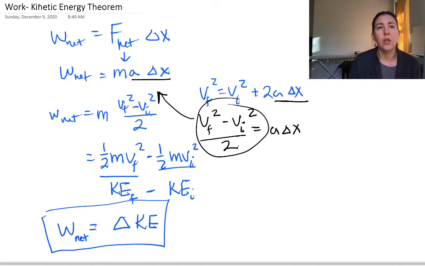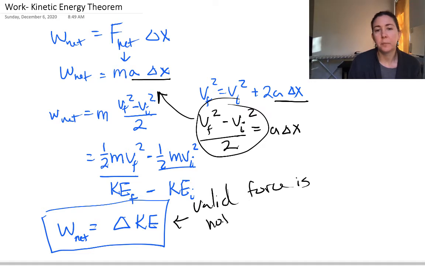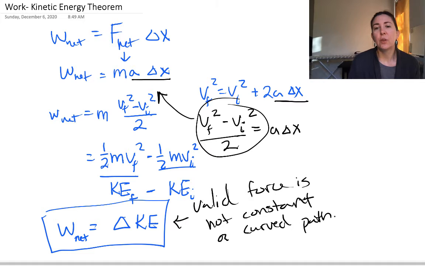This is called the work-energy theorem, or the work-kinetic energy theorem. The important thing with this is that this is valid when the force is not constant, or you have a curved path. So with kinematics, we can only use those if the acceleration is constant, meaning you have a constant force.